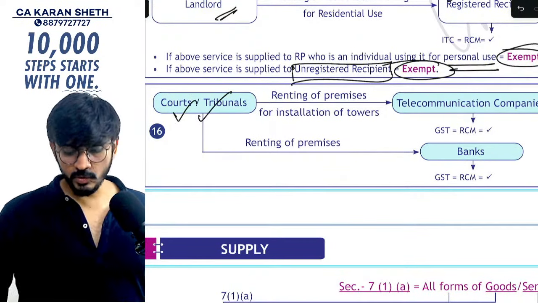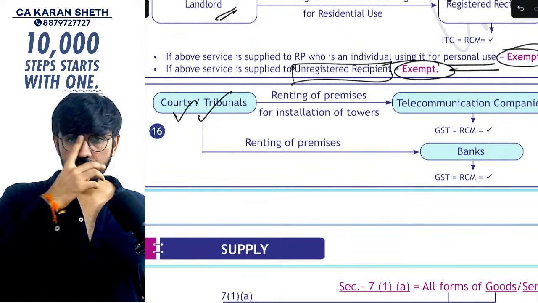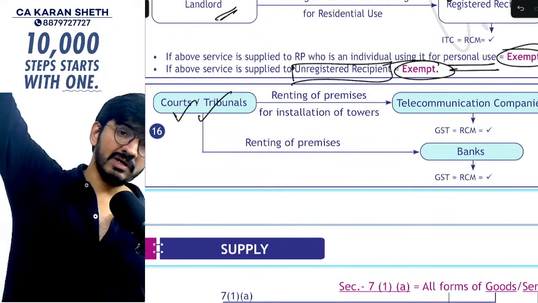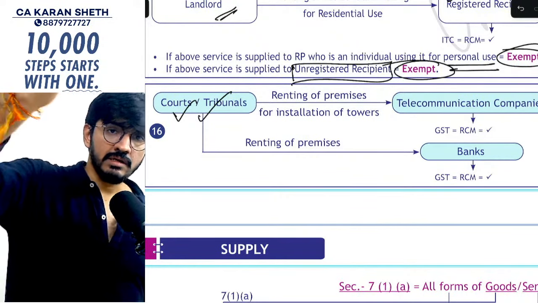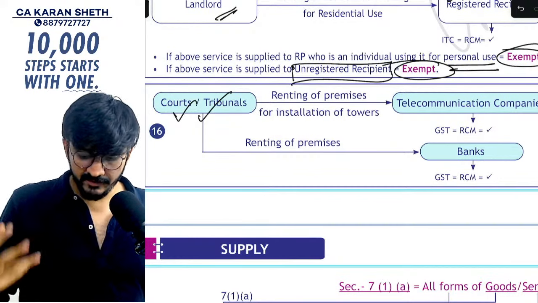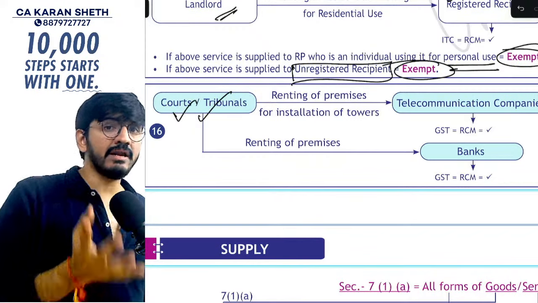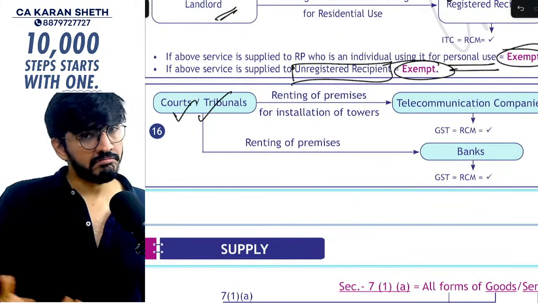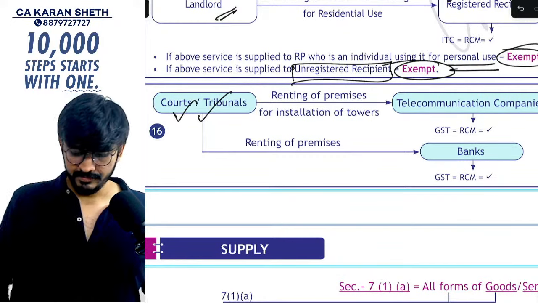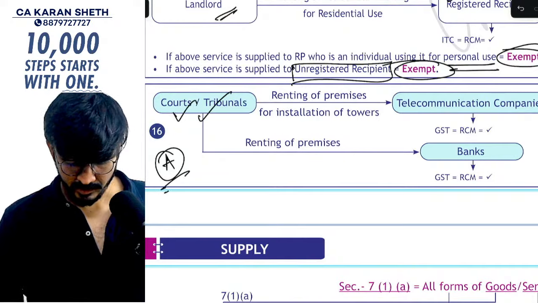So if courts and tribunals are giving service to, let's say, a telecommunication company, why? Because they've installed their big towers on the court or tribunal's terrace. Or let's say, for example, if there is a bank and they've installed some ATM machines there and they are giving rent to courts and tribunals, again RCM. Is that very clear? Again, this is also an amendment.